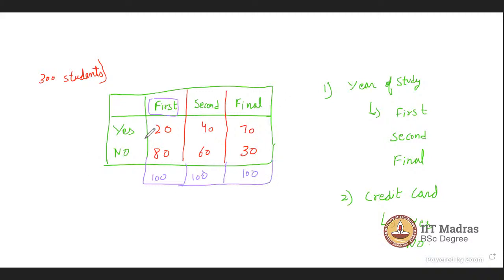Now next is how many of them own a credit card. It will be the sum of this row. This row tells us how many said yes to the credit card question. So it will be 130 students, and the other is 170. This is my row total, and this is my column total.